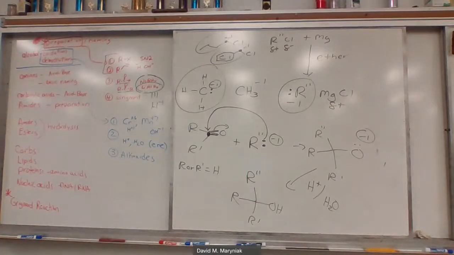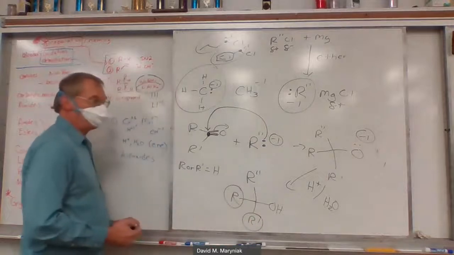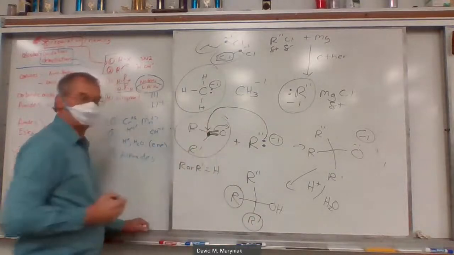So why does the Grignard reagent fall under preparation of alcohol? Because ultimately, do you make an alcohol? Of the 3 carbon groups, how many came from the aldehyde or ketone?